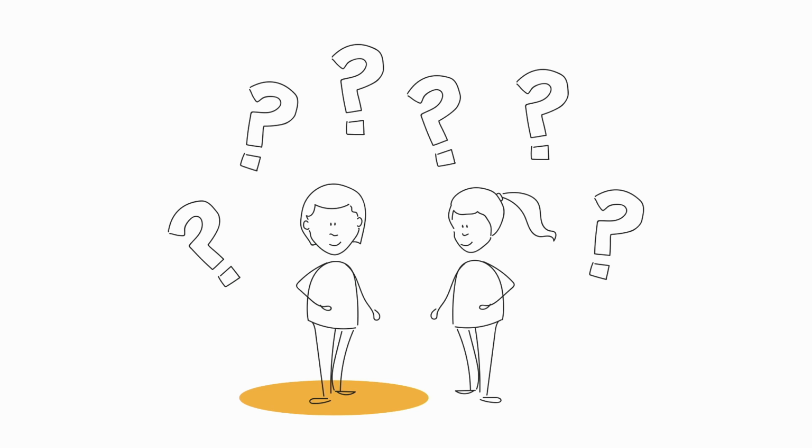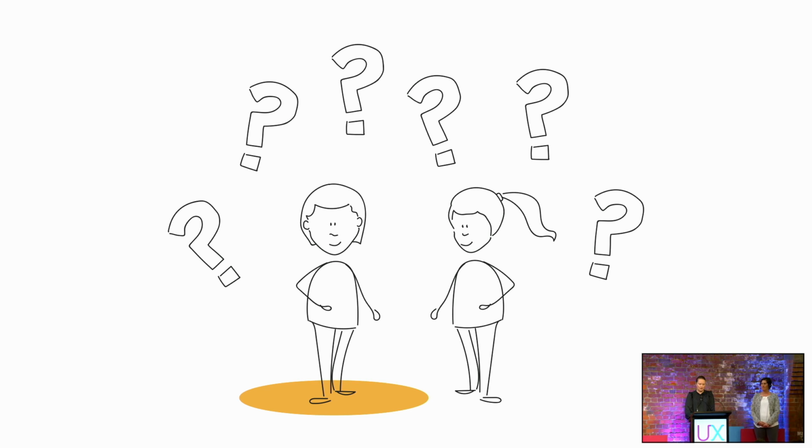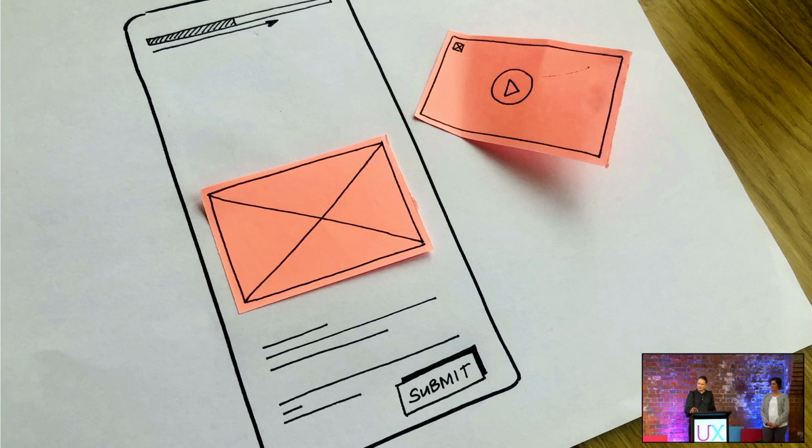Prototype. It's a term we hear and use, and we all know what it means, right? We've learned that it's actually not as simple as it first seems. When you hear the word prototype, you might think of it as a mock-up of an app or something on some kind of screen, and it is that.